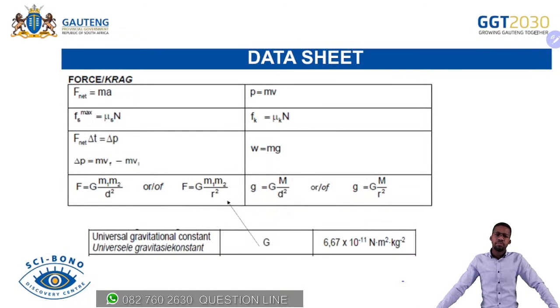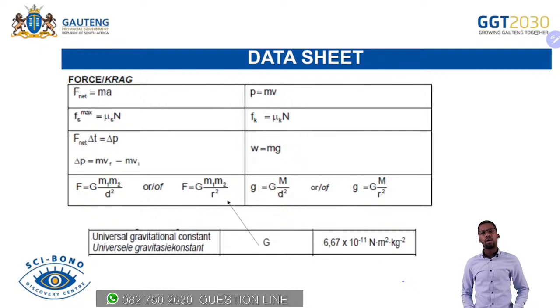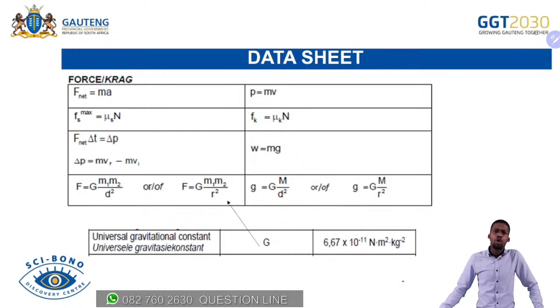Now, the data sheet. This is very important. We are here to make sure that we win when it comes to physical sciences. And our objective is to pass physical sciences well. And you will notice that the tone of the day is about the data sheet.